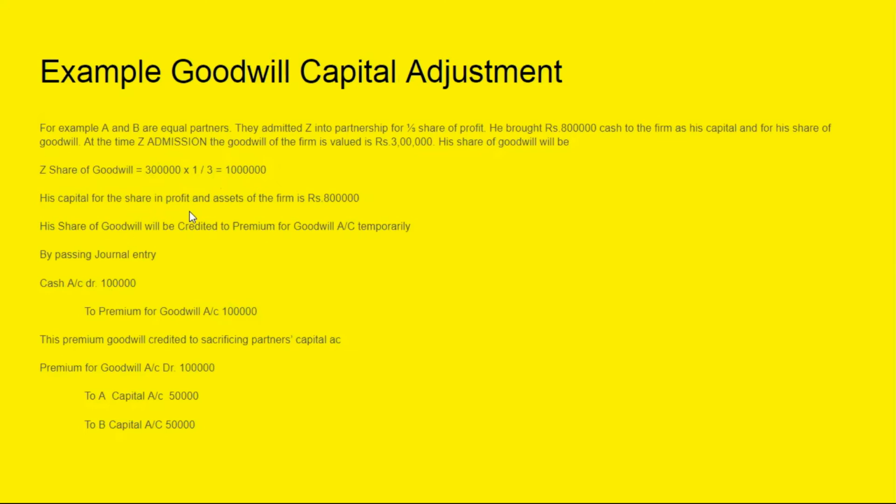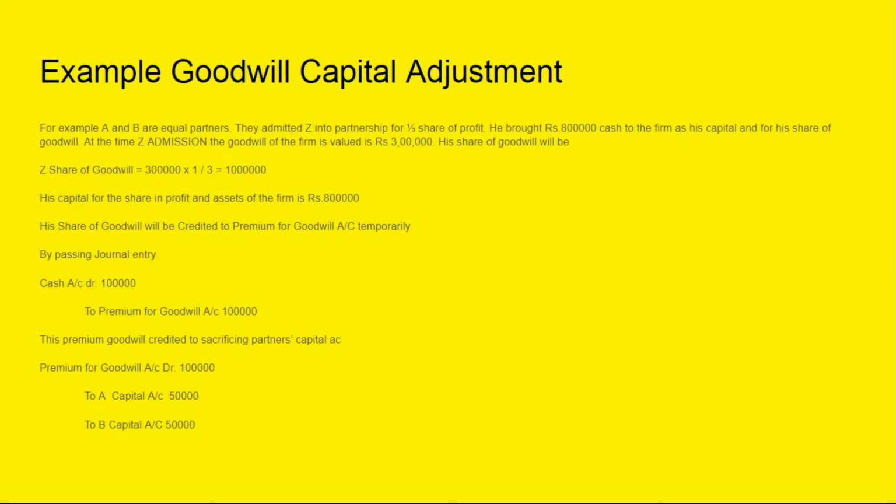Now Z has been admitted into the firm to take a share in the assets of the firm as well as in the profit of the firm. He is contributing 8 lakh.